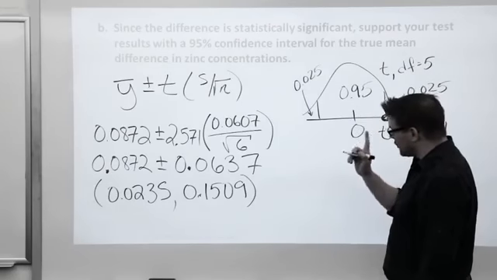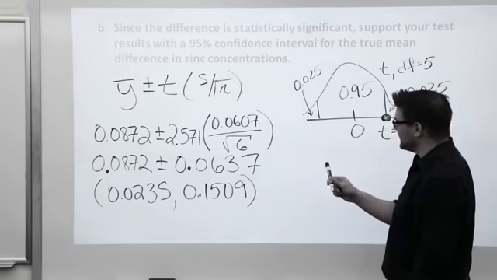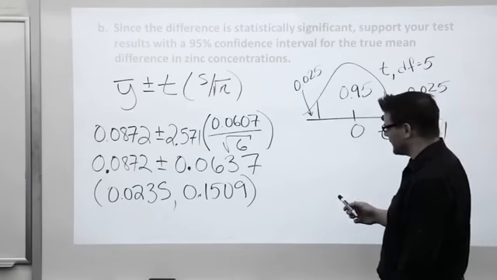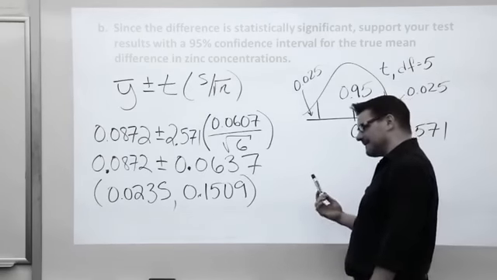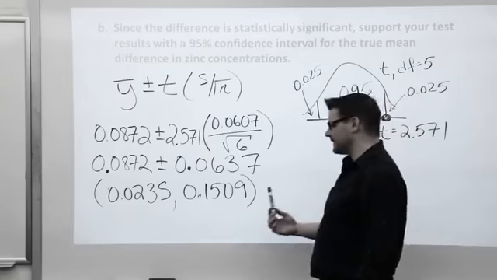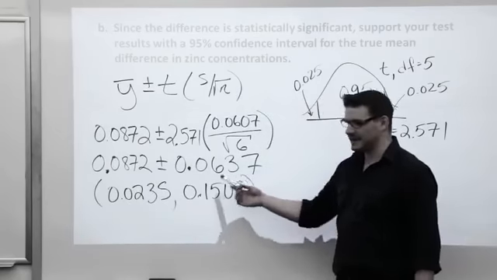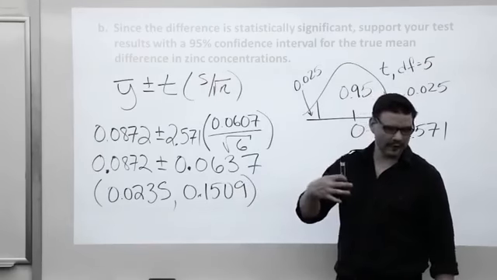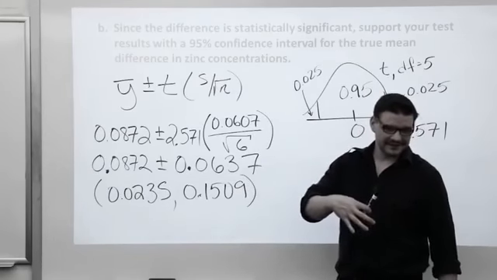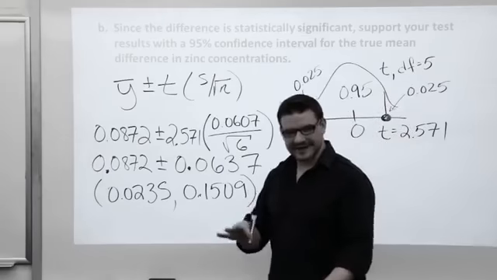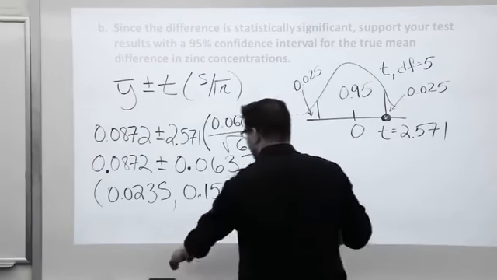And so we're 95% confident. These are hard to put into words, but the bottom of the river has between 2 milligrams per liter and 15 milligrams per liter more zinc than the surface. And I guess I'll write that down and then we're going to be done.